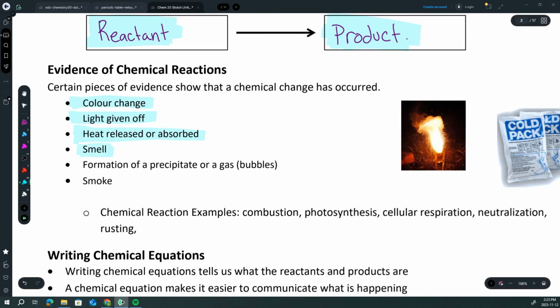Maybe a smell starts to arise, or formation of a precipitate or a gas. A precipitate is just a solid that gets produced from two aqueous solutions reacting together. Or perhaps smoke starts coming off of your solution.